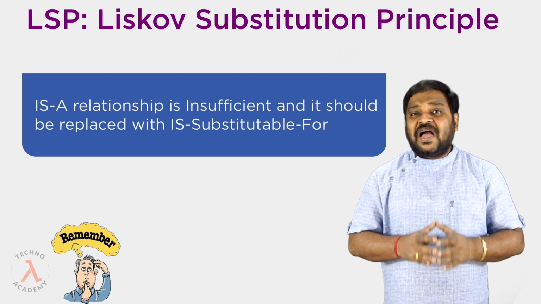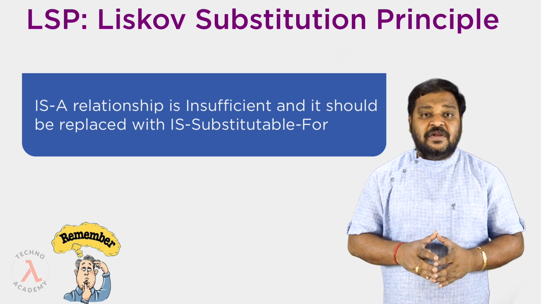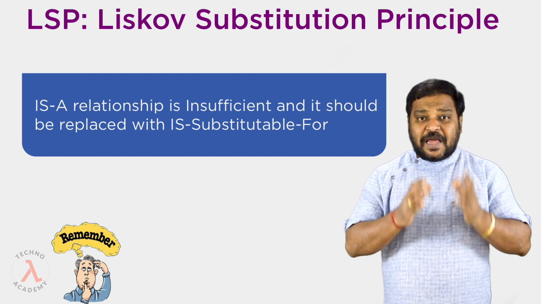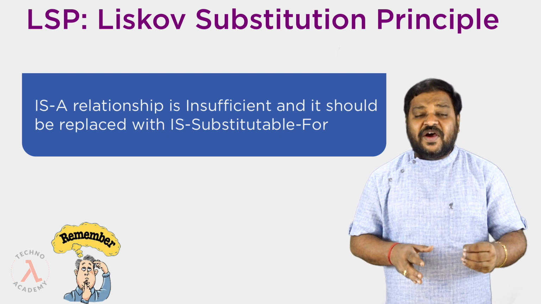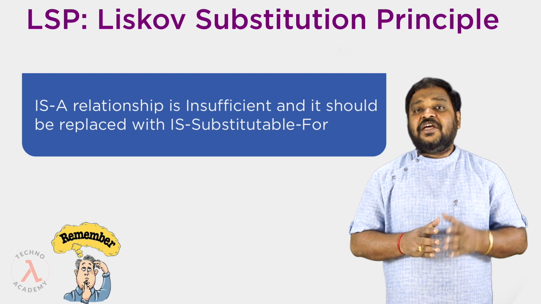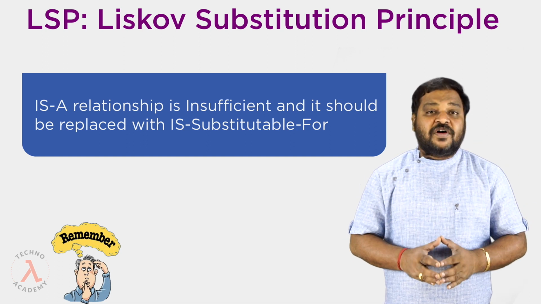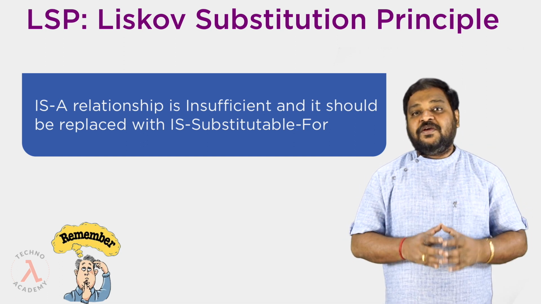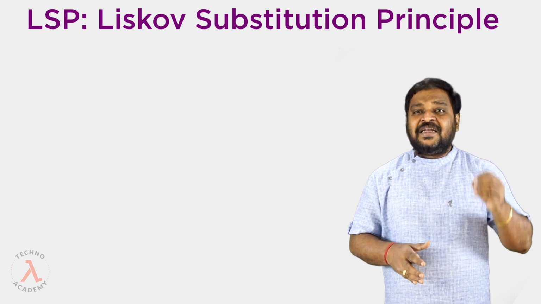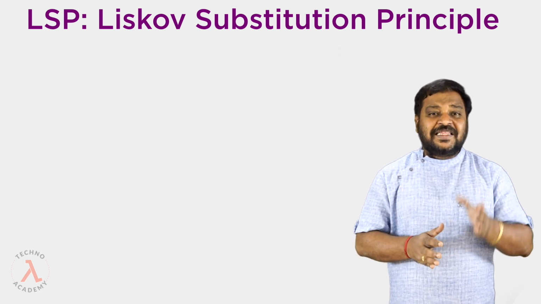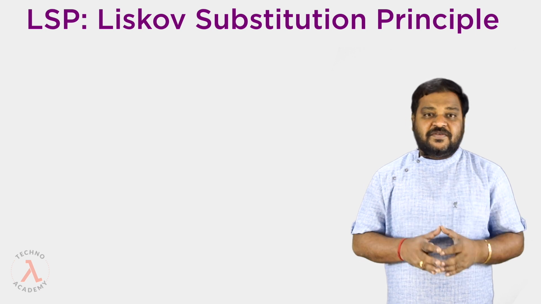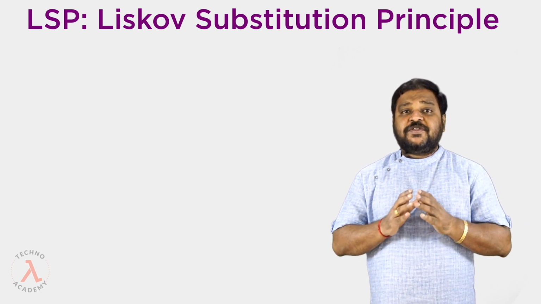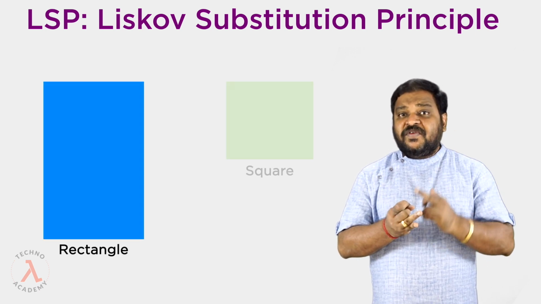Like how we have a hello world example while learning any programming language, likewise we have a very classic shape-based example for understanding LSP. So let us understand LSP using that classic example itself. Let us say we have two shapes, one is a rectangle and the other one is a square.